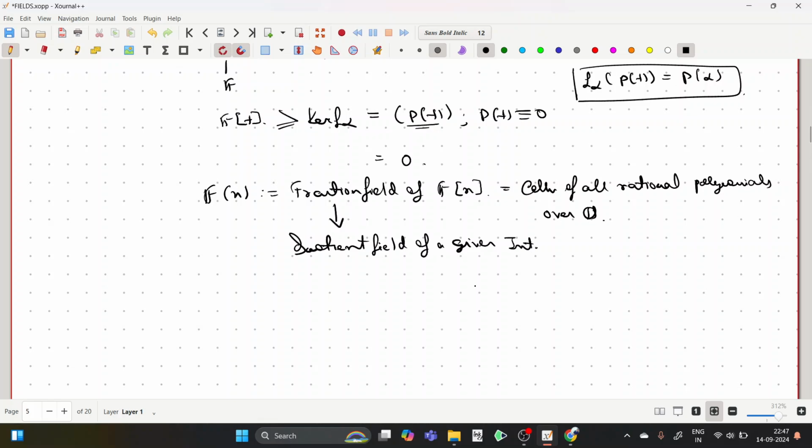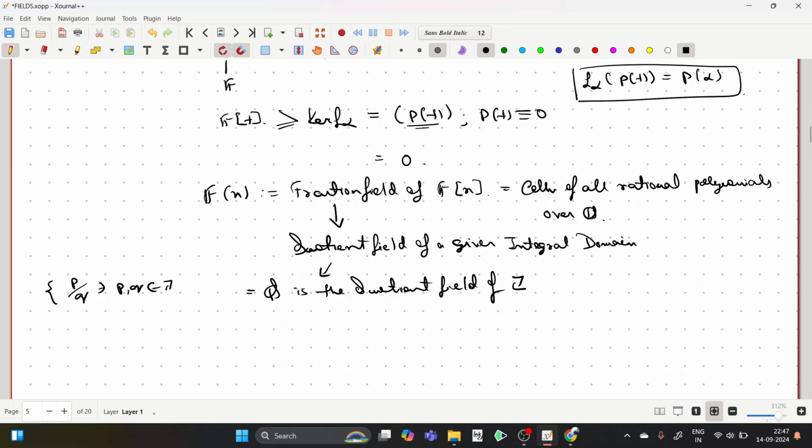Now I will bring a detailed lecture on quotient fields in my playlist on ring theory, but you can just consider, for example, Q to be the quotient field of Z. If you recall what Q basically is, it is the collection of elements of the form p by q such that p and q are elements of Z and q is non-zero.